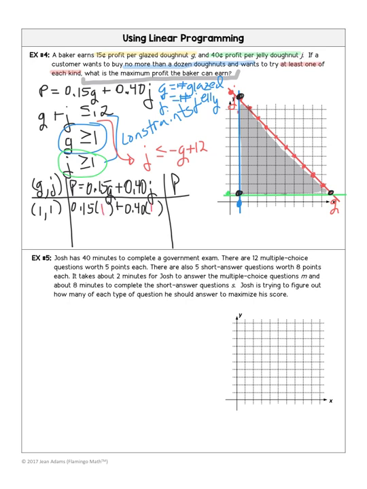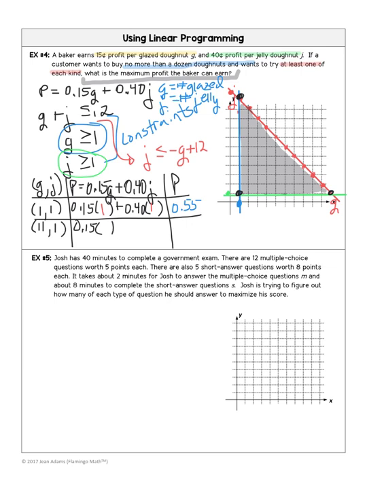So 15 cents plus 40 cents is 55 cents. Our next vertex is at 11, 1. So 11 glazed, 1 jelly.